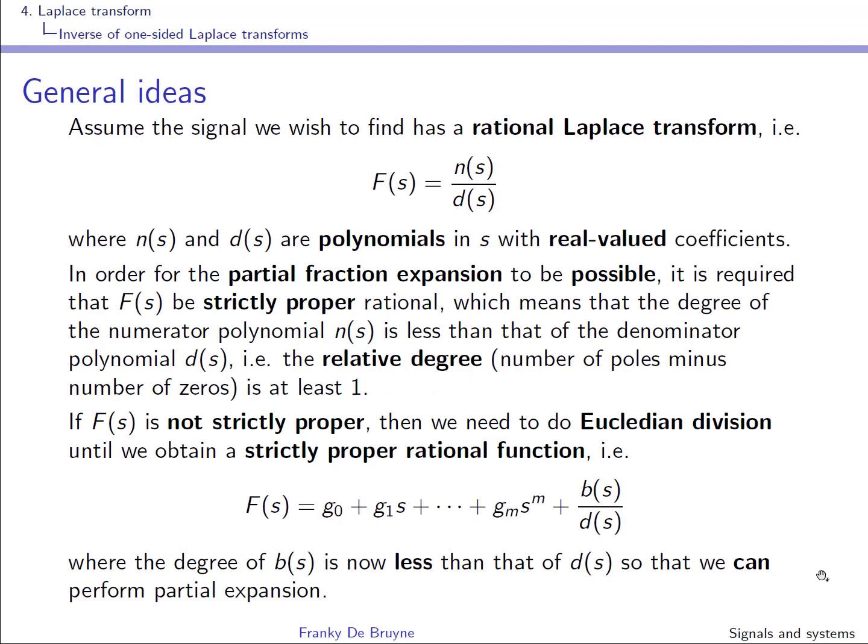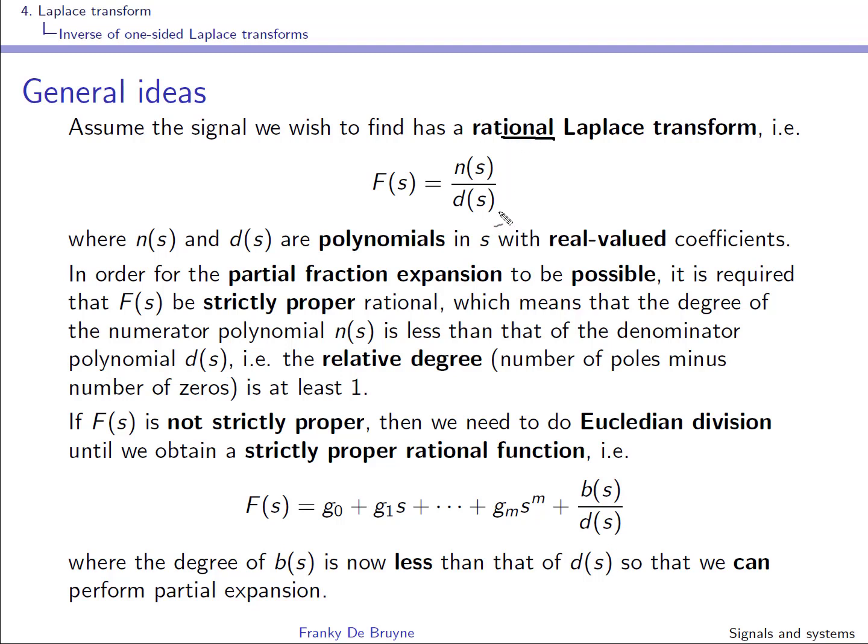In this subsection we compute the inverse one-sided Laplace transforms, and this is where we are going to use the table that we have constructed before. What we assume here is that we're given a function of the variable s, a rational function.